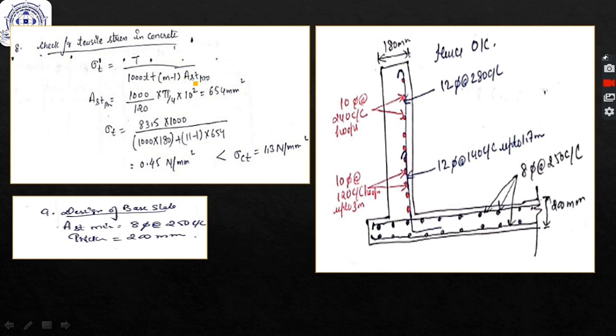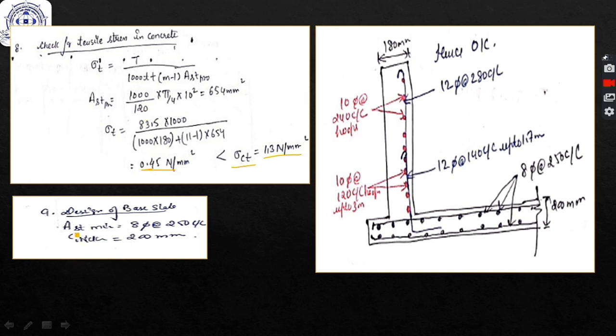Note here that this Ast provided is not the area of vertical reinforcement, but the area of the horizontal reinforcement which has been provided. Now sigma t is coming out to be 0.45 and the permissible value is 1.3. Hence our relation is getting satisfied, so our design is okay. This is just a check to check the safety of stresses in the wall.